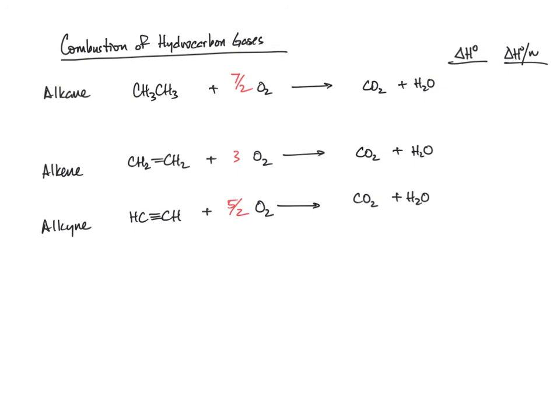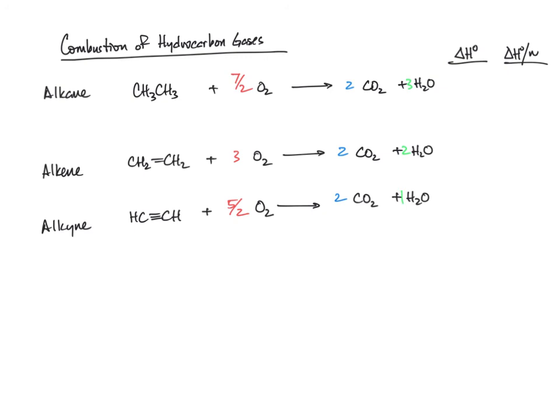Those are the stoichiometric coefficients for the oxygen in each. Now the CO2: 2, 2, 2, so that stays the same. Now the amount of water changes to 3, to 2, to 1.